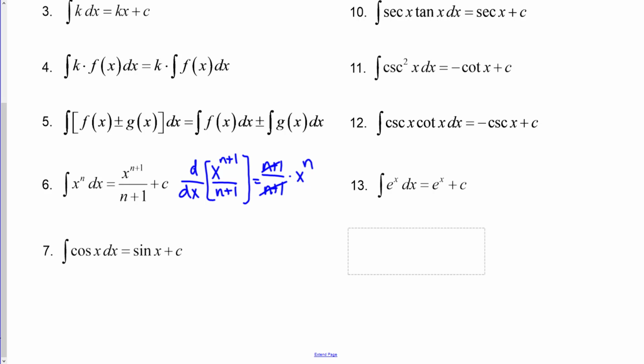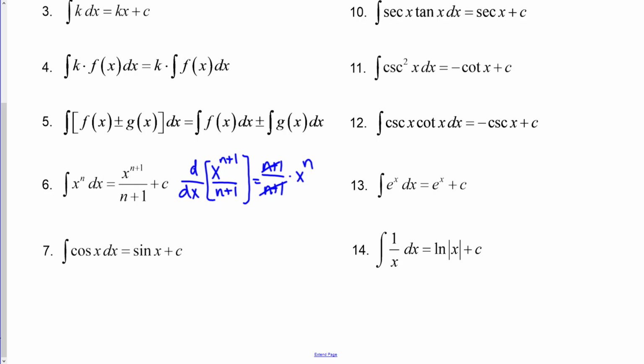Lastly, we have our logarithmic rule. And what we learned from differentiation is the derivative of the natural log of x was 1 over x. And therefore, the antiderivative of 1 over x is going to be the natural log of the absolute value of x. Now, notice there is a set of absolute value bars in the natural log.